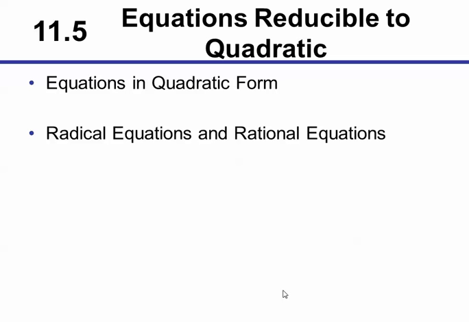This video is going to cover section 11.5, which deals with equations that are reducible to quadratic. So, equations in a form that can be treated as quadratic for solutions, or also radical equations and rational equations that we can look at as quadratics for solution.